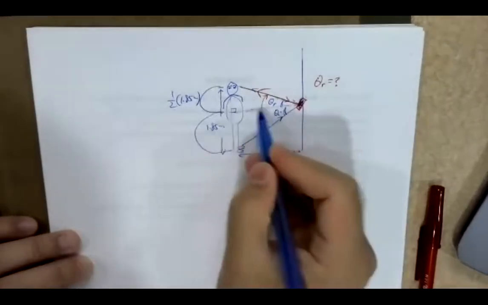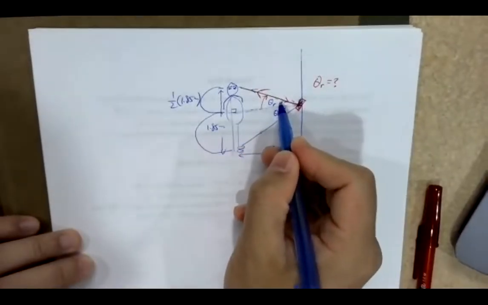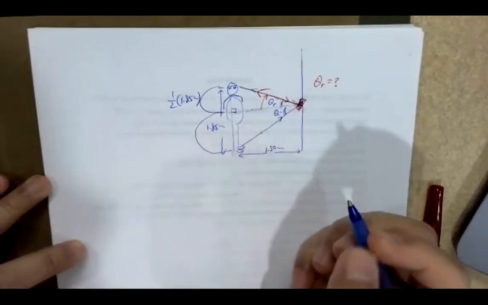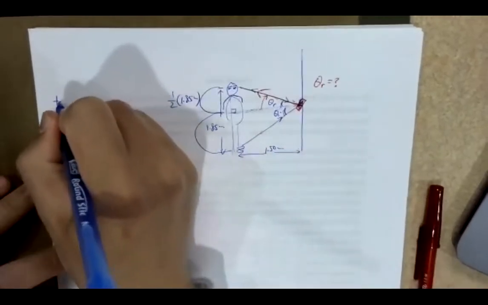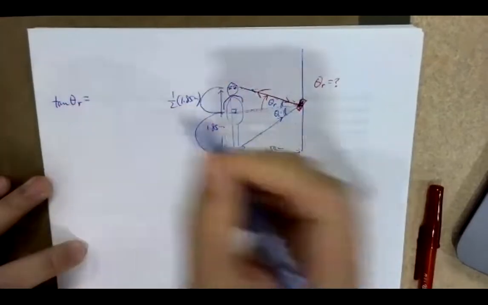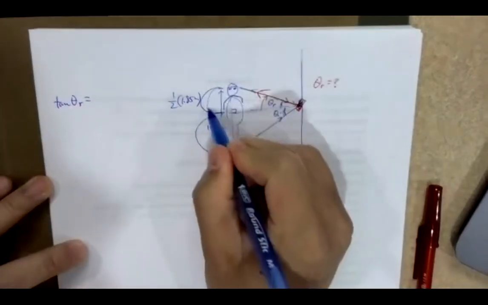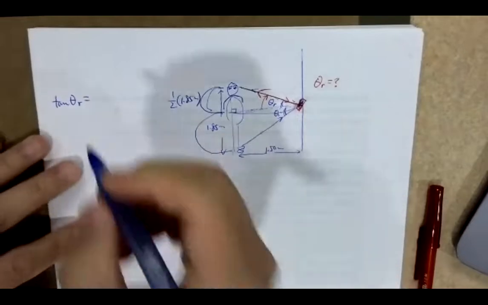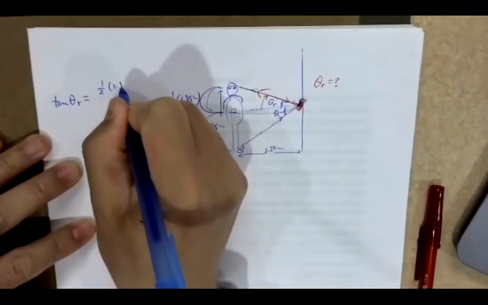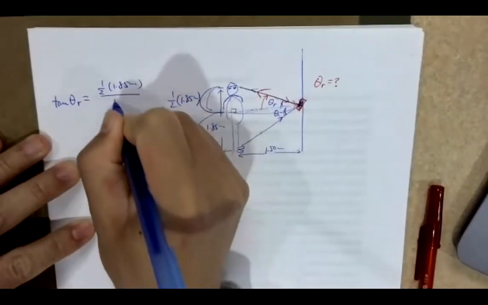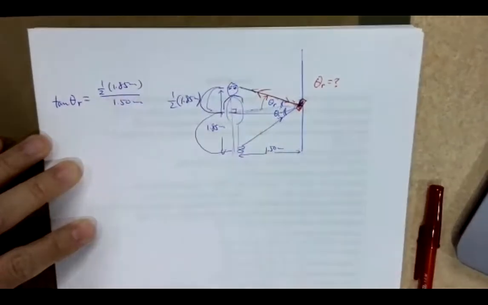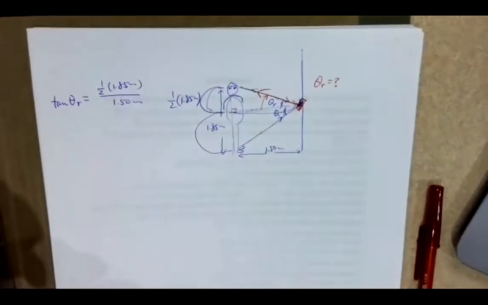So you have this triangle, and you should be able to figure out this angle from the geometry. The tangent of theta r should be this side divided by that side, which is one half of 1.85 meters over 1.5 meters. Then you can solve for theta r.